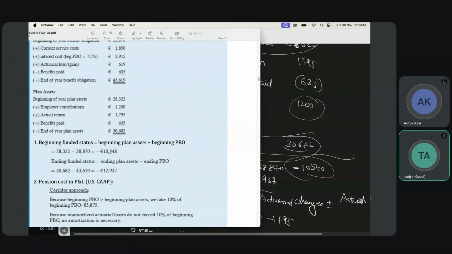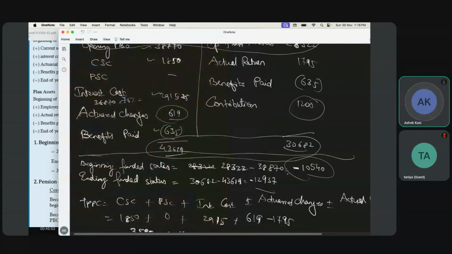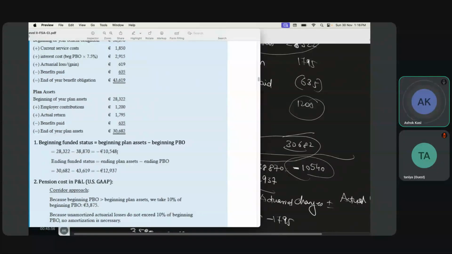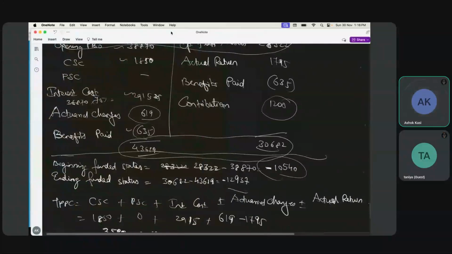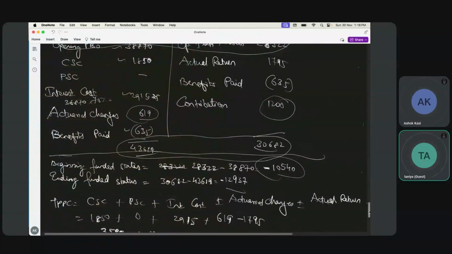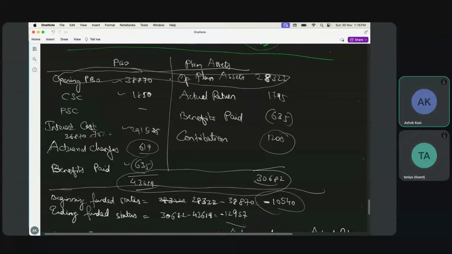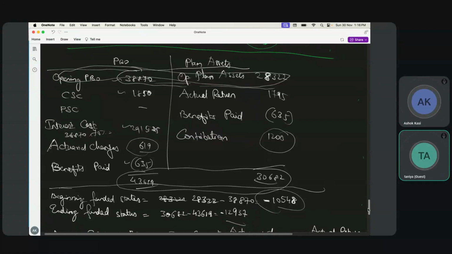Wait. 10548. 10554. Here is the gap, 8 rupees. So we can check this one, beginning funded status. I have written only 10548. So I only wrote it wrong. I've also written 8 at the last.